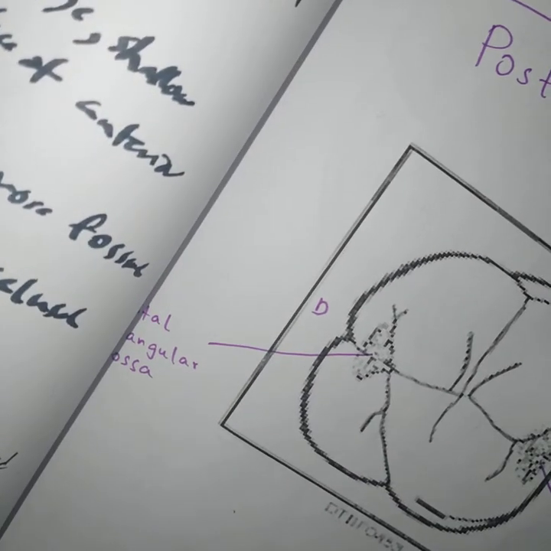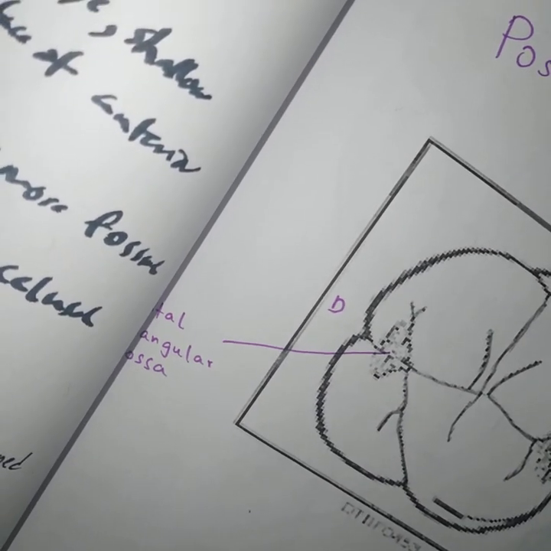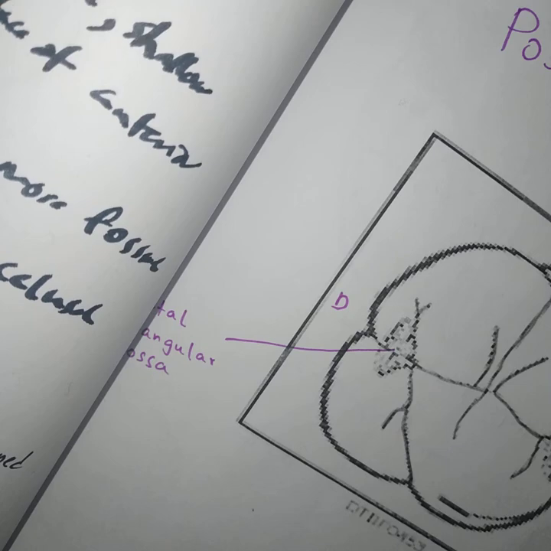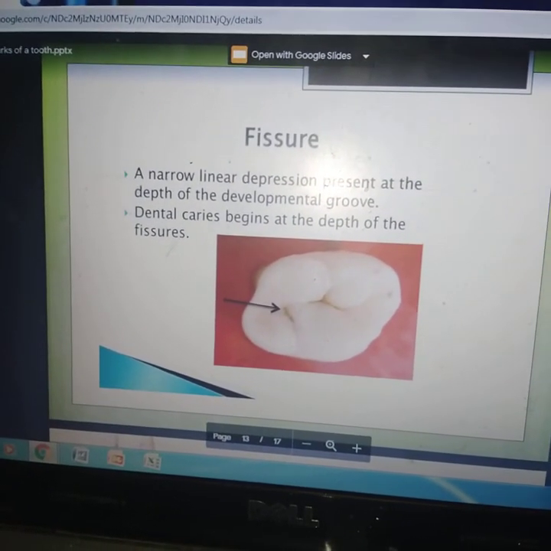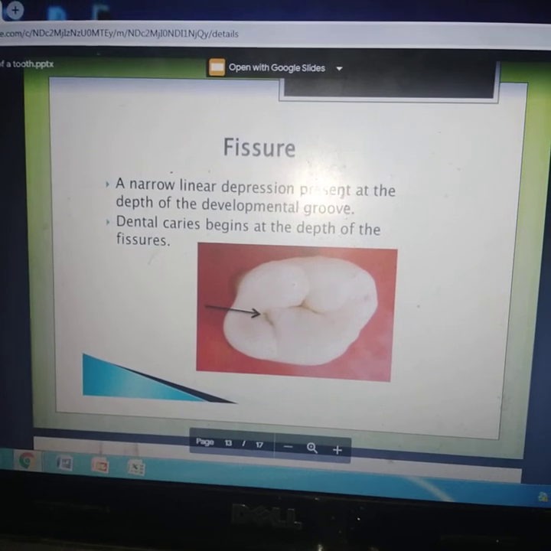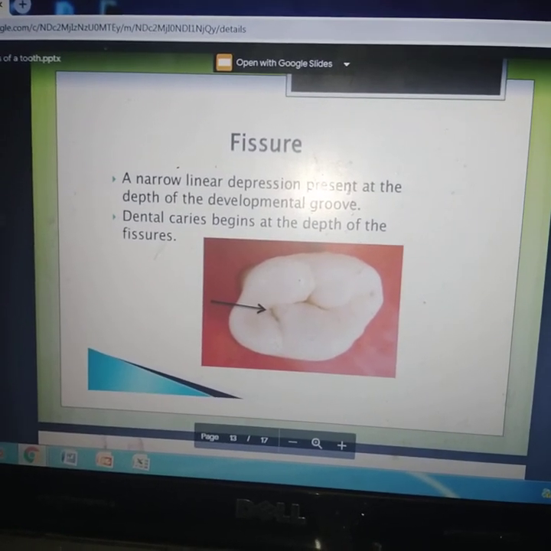So, an abnormal groove is called fissure.